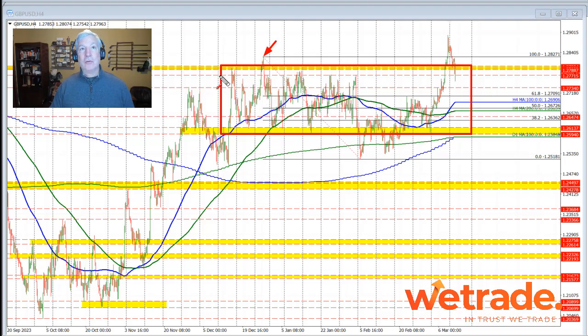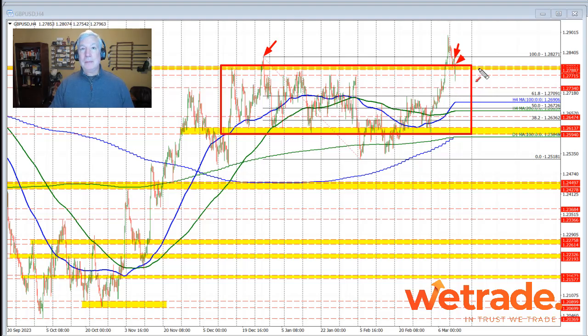This was the extreme high outside of this red box, but we found willing sellers against that 1.2827 level, and the price has since moved down off of the CPI data. But we're back trading at around the 1.2803 level, so just above the 1.28 level.